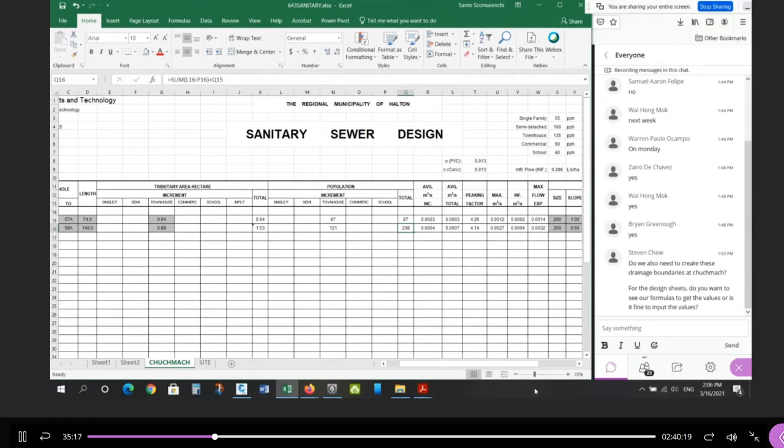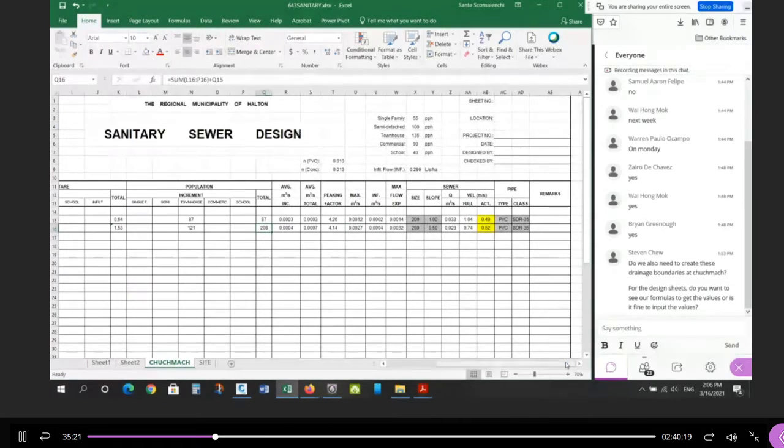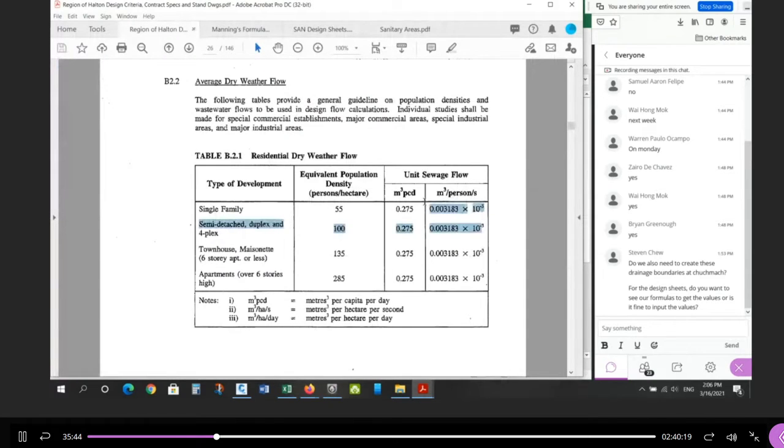All right, and then the next few columns calculate the flow for the dry weather flow, the peaking factor, and infiltration. So here we go. For the incremental flow, this is the dry weather flow. You'll see there's that factor that we talked about earlier, 0.3183 times 10 to the minus 3. That number comes from the standard, which is this number right here.